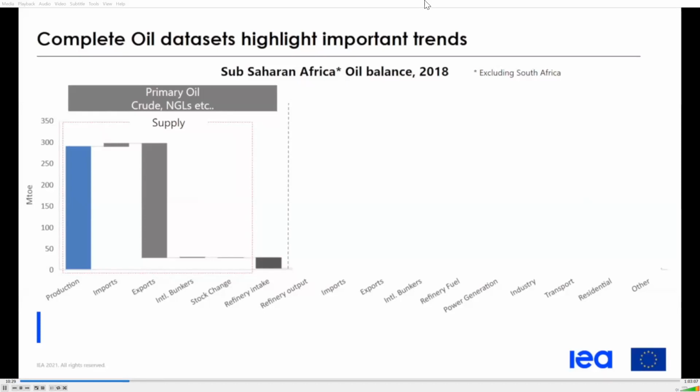But since the refinery capacities and activities are very low in Sub-Saharan Africa, we have very few importations of those primary oil products, and a vast majority is exported toward other countries who will do the activity of refining those primary products. So this high level of export I told you about shows the lack of capacities in refining.